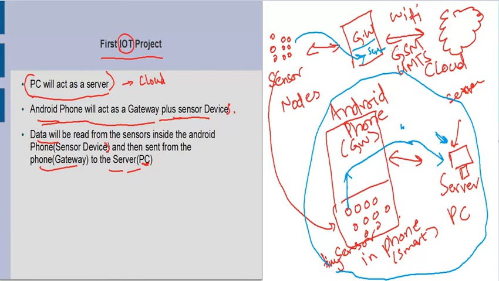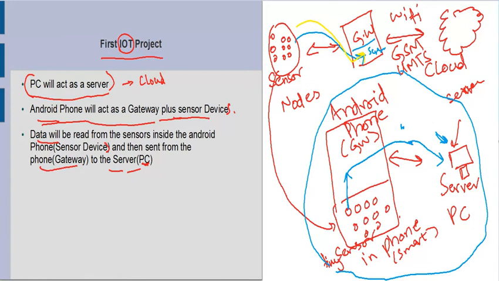And in the second topology, we are going to have these sensors inside the gateway. Let me use this red marker. We are going to have them inside the gateway. So this was our second topology of an IoT ecosystem that we have described before.